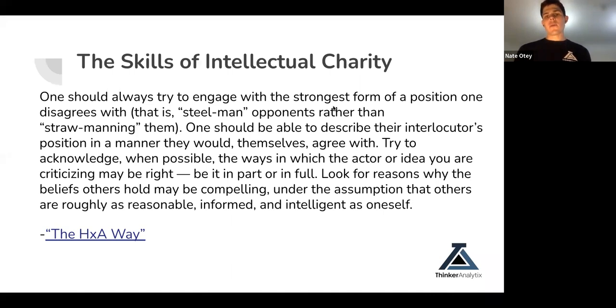And we could sort of get into the weeds on what the strongest form might mean. But the litmus test for this, or the ideological Turing test, is to be able to formulate the argument so that the person you're talking to would agree with it, right? I tried to model this just a little bit just now with the pineapple discussion by asking someone, okay, I think this is what you're saying. Did I get that right? Did I understand you correctly?